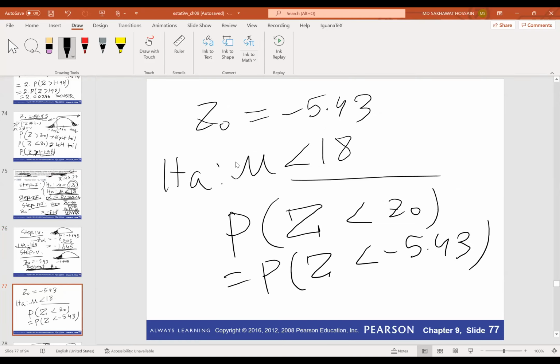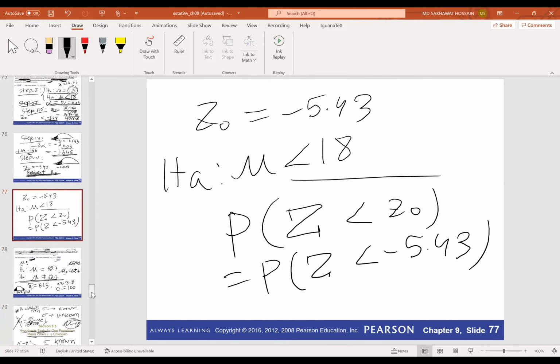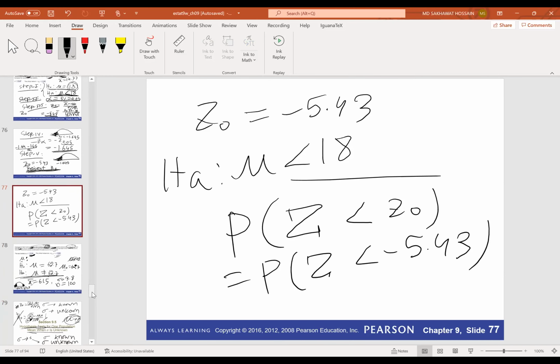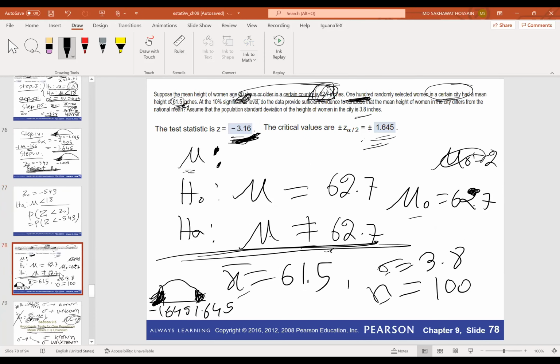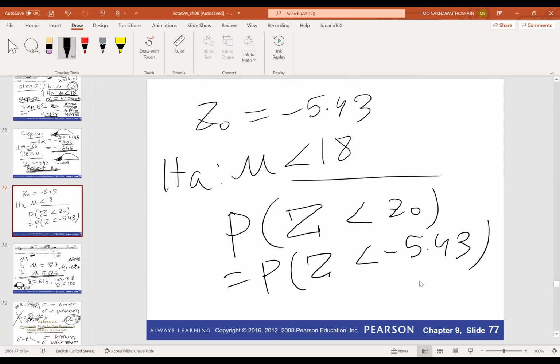Now you need to look at the z table. Here the probability is not given, so you need to actually find it. For negative 5.43, this probability will actually be less than 0.01, I think.